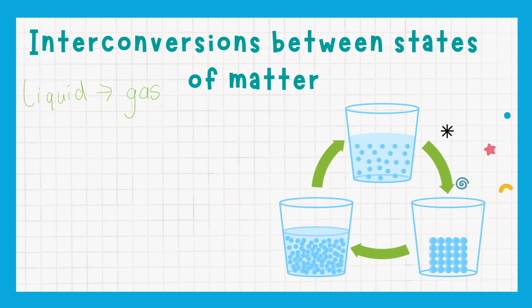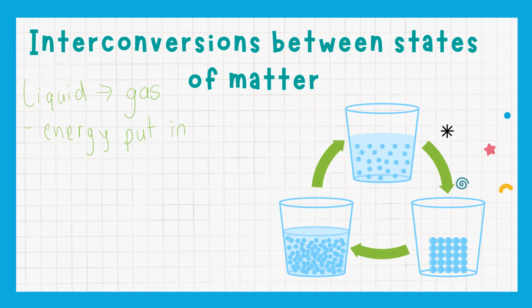This is once again a change of state where energy is put in in the form of heat. So something is heated up and then the liquid particles will gain enough energy so that they can overcome the forces that keep them as a liquid. The particles will start moving more and more and more, and then eventually we will have a gas.